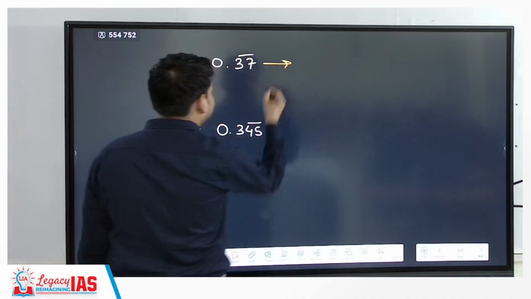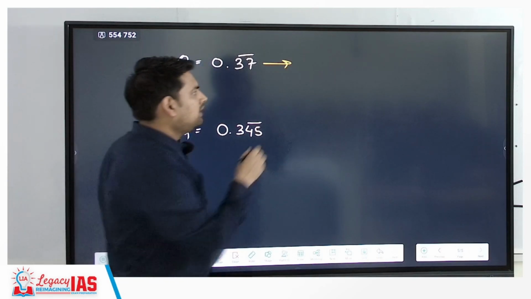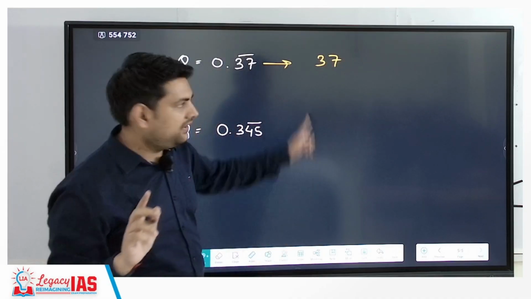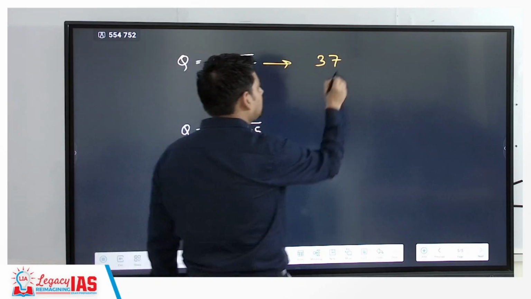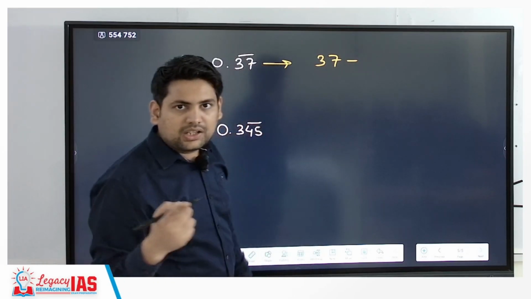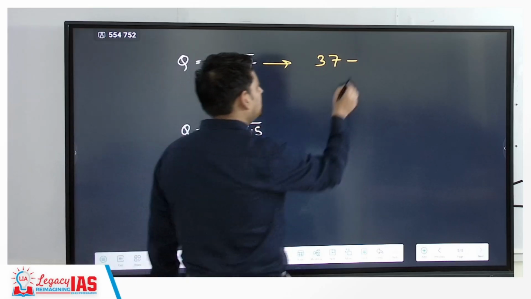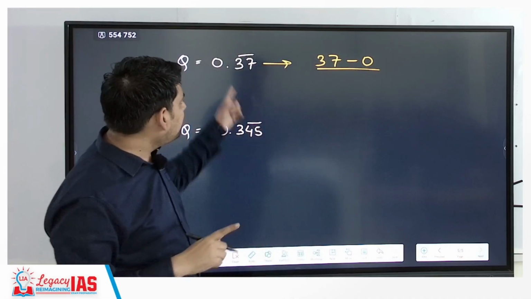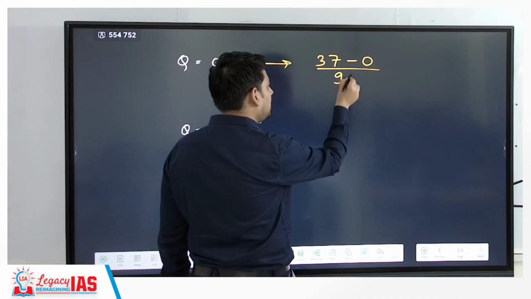So now see, 0.37 bar. What did we do? First, we separated the number after decimal, 37, minus the numbers after decimal that do not have a bar. Is there any number like that? No. So just 0 upon, how many numbers have a bar over them? 1 and 2. So write two 9s.